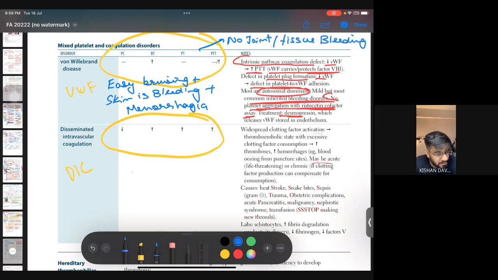And another thing is no platelet aggregation with ristocetin cofactor assay. Now in the question, what they will say is that the patient's serum was mixed with ristocetin, and there was platelet aggregation.